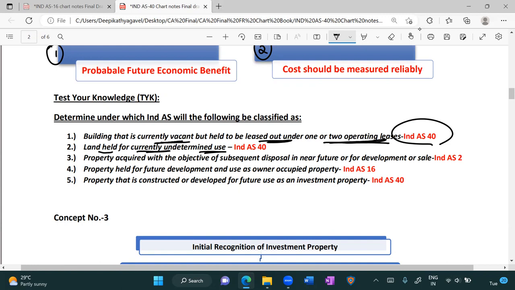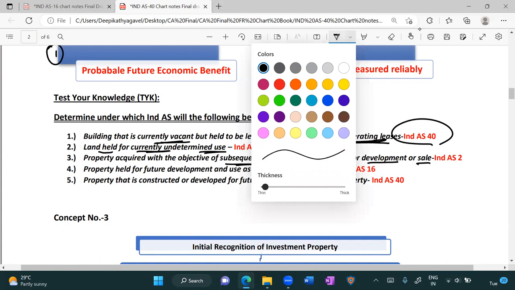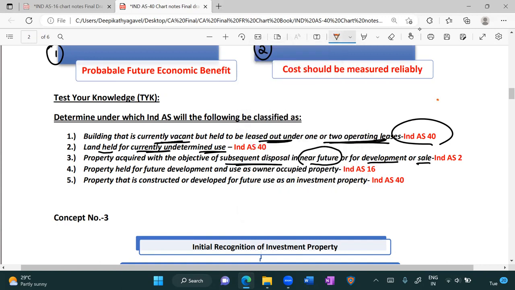Next, property which is acquired with the objective of subsequent disposal in the near future, or for development or for sale purpose. Here the most important point is subsequent disposal. Now when you purchase an asset for capital appreciation also, your aim is what?